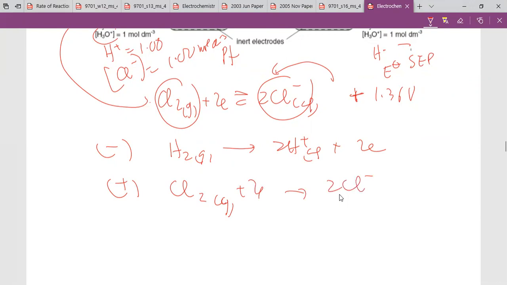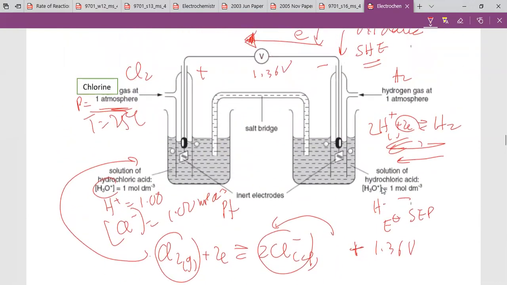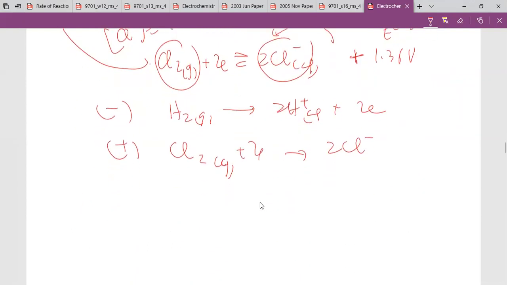Right now it's receiving electrons, which means it's undergoing reduction. Reduction means it goes forward here. Let's check first.